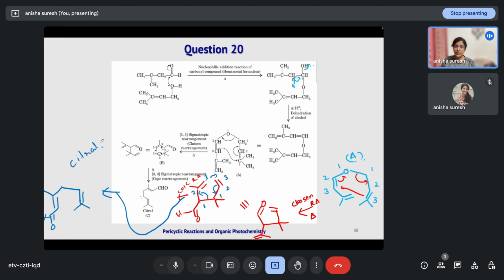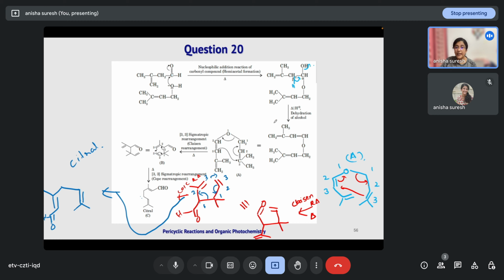So what is happening over here? First, a nucleophilic addition of the alcohol to the aldehyde is taking place, resulting in the formation of this hemiacetal, and under H plus condition, it will undergo a dehydration reaction, resulting in the formation of this compound. So this is our compound A. Now compound A is a vinyl allyl ether.